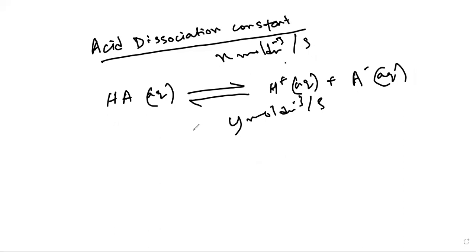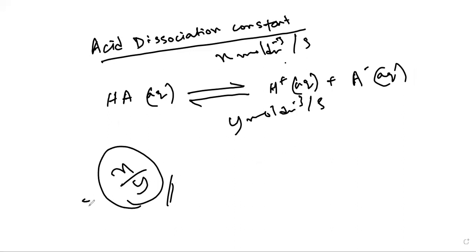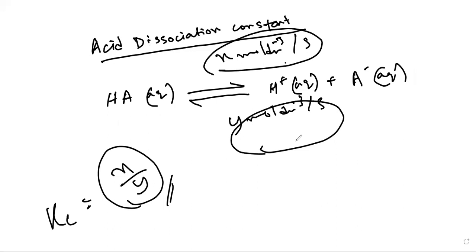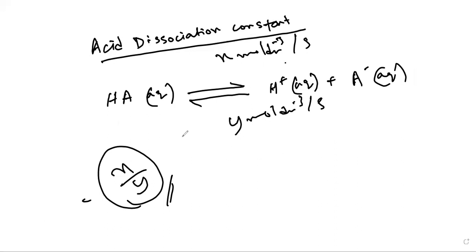Now, if we try to find the ratio between them, y divided by x, or x divided by y, we should get a value which is the constant, since the ratio of the rates x and y remains the same in equilibrium. So that's that constant term.